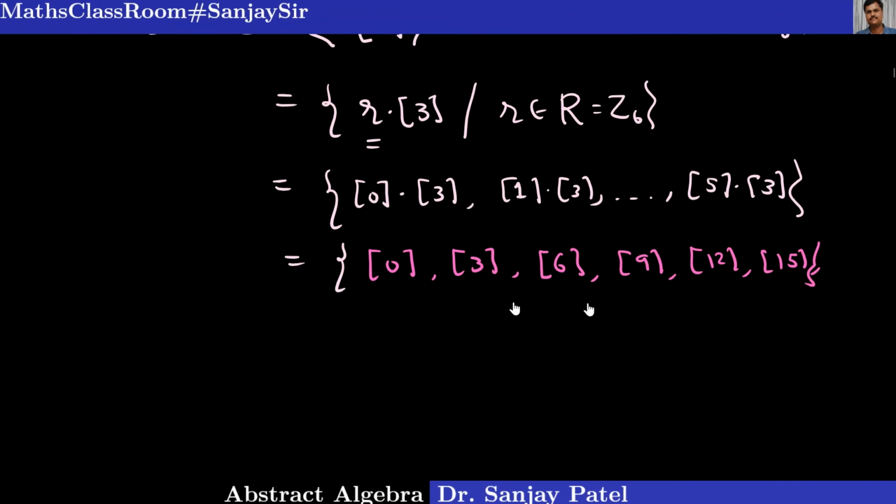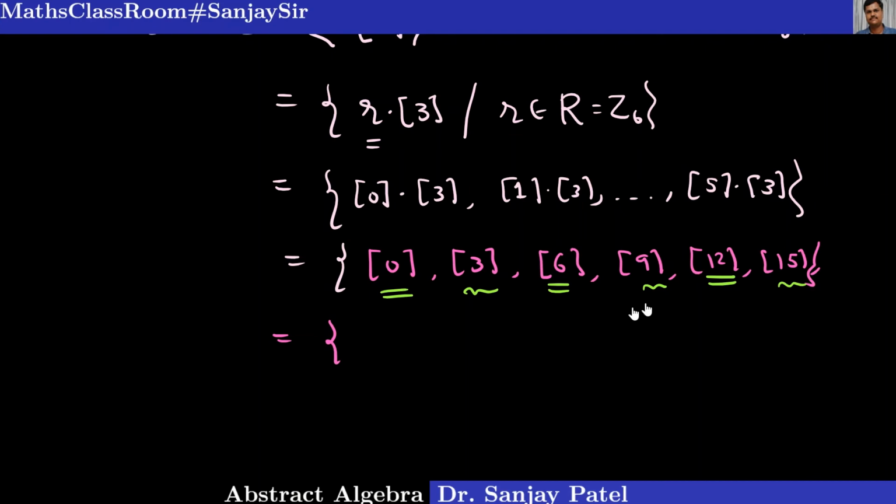But these are not all distinct; some of them are equal. You can observe here that class 6 is the same as class 0 because 6 is congruent to 0 modulo 6. Then 12 is also congruent to 0 modulo 6. And this 3 and this 9 and this 15 are all the same.